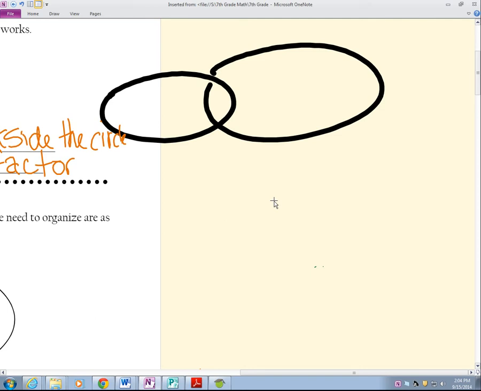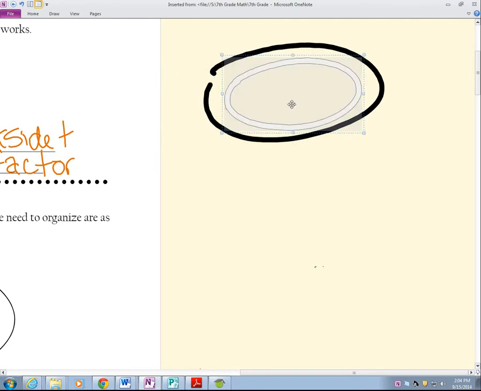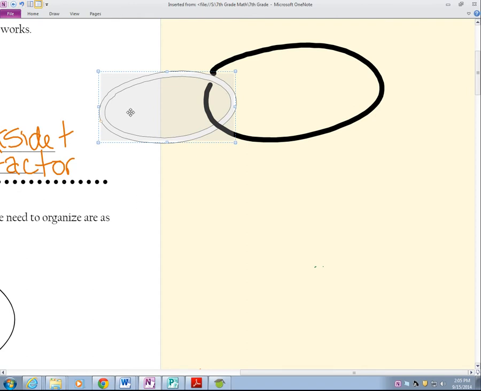That is a Venn diagram where you have a Venn diagram just like this, but rather than only having a small portion in the middle where they overlap, everything in this smaller circle goes along with a bigger circle. See that? Still a Venn diagram, but rather than looking like this, it looks like this.